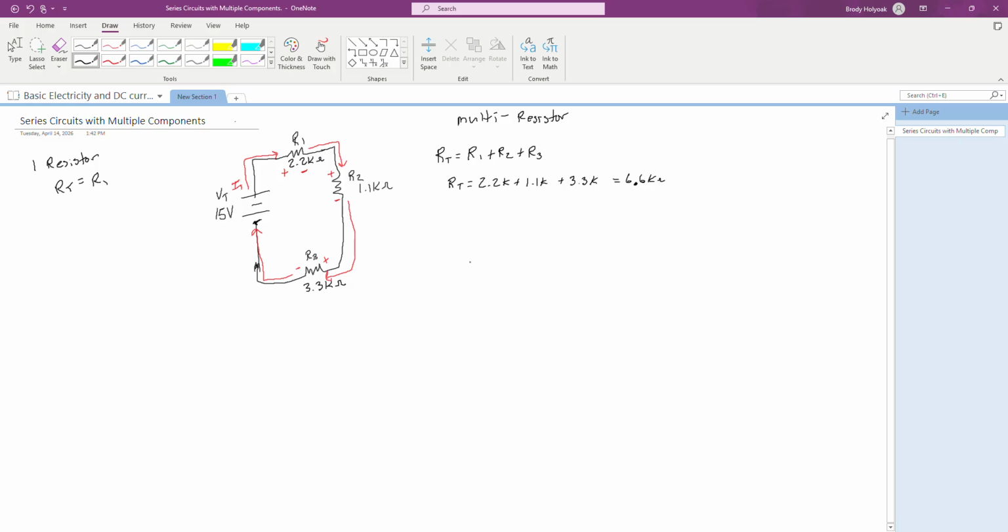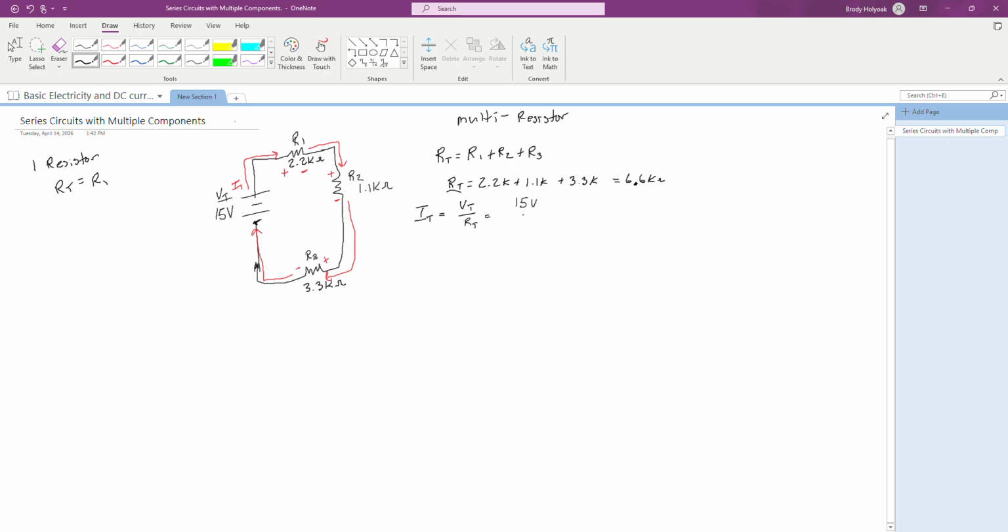All right, so now the next thing I have to do is look at what is going on with the rest of the circuit. How is this going to be split up? Since I have an R total, I can use R total and V total to solve for I total. So my current total is going to be my voltage total divided by resistance total.